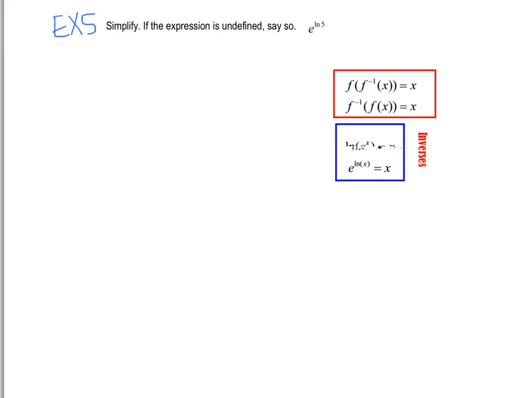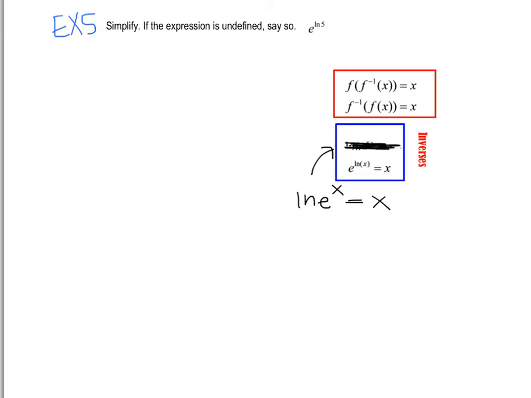So this example says to simplify e to the ln 5. Now, based on what I just said, ln and e are inverses of each other. So, shoot, this got kind of scratched out. Let me rewrite it here. ln of e to the x is just equal to x, because ln and e are inverses of each other.